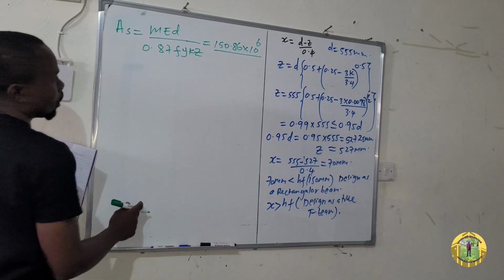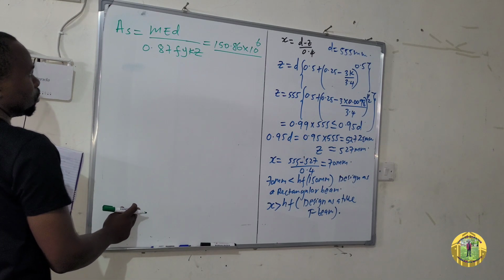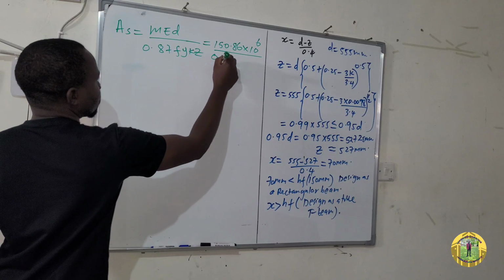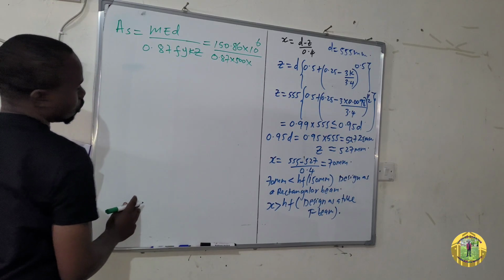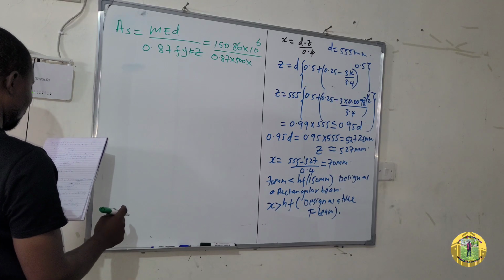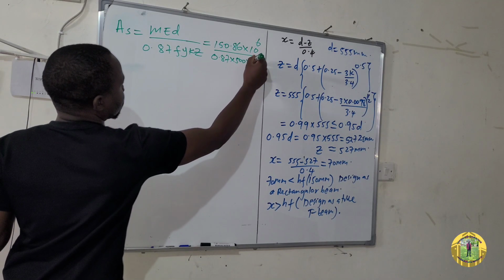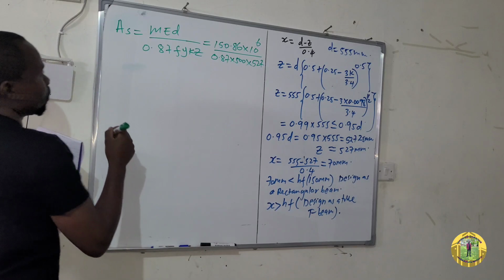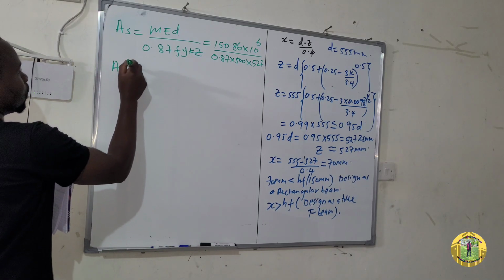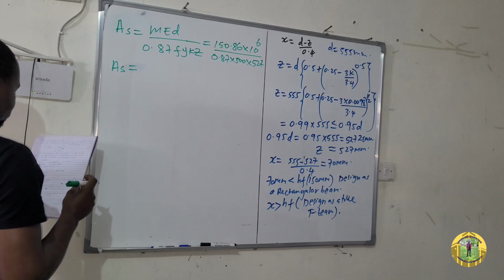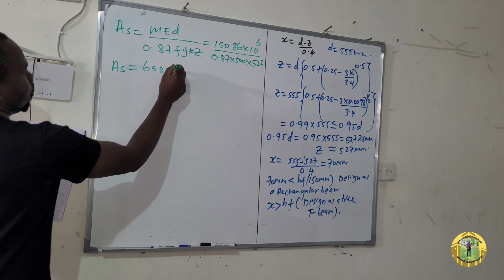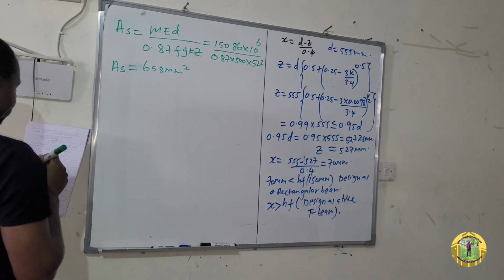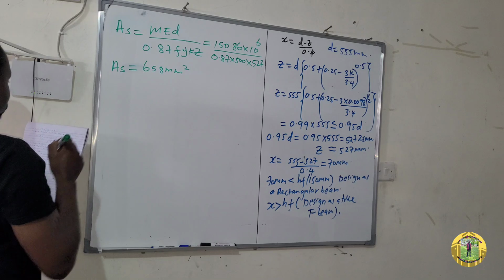We are changing it from kilonewton meter to Newton millimeter, times 0.87 times 500 times Z. Z is 527. So area of steel is equal to 658 millimeter square.